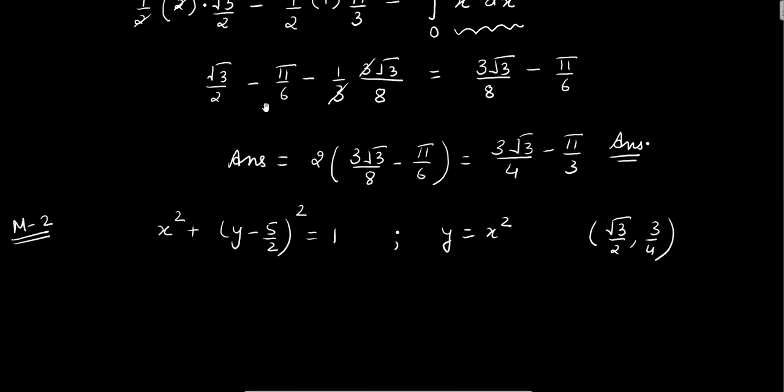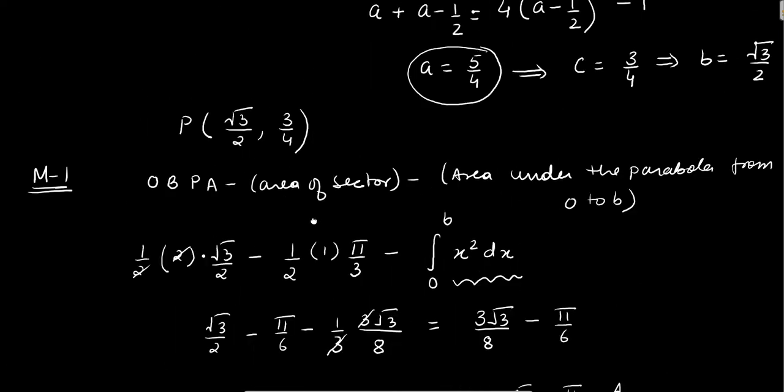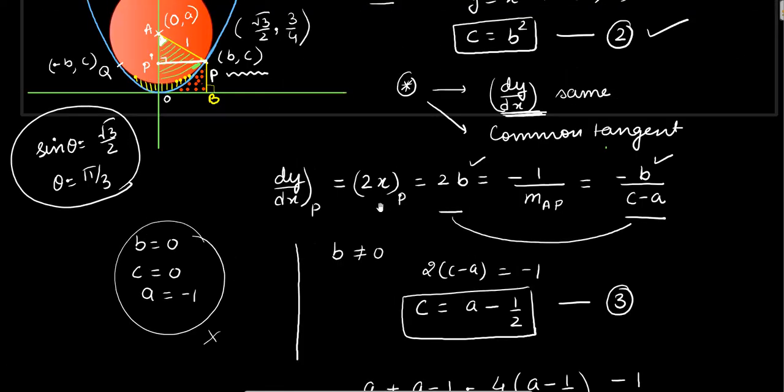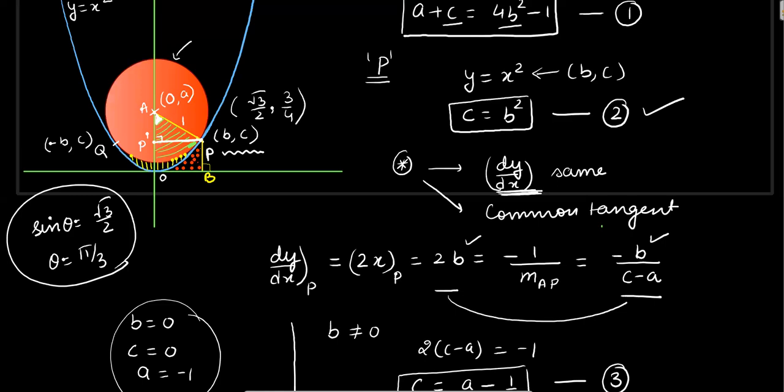Okay, so let us go back to the parabola and let's see how we are going to calculate this area using integration. So between 0 to b, just as in method 1, here also I'm going to calculate the area in the first quadrant and make it twice. But here now, I will be integrating the upper boundary, which I'm going to take as the circle's boundary, minus the lower boundary, which is the boundary of the parabola, between 0 to b.